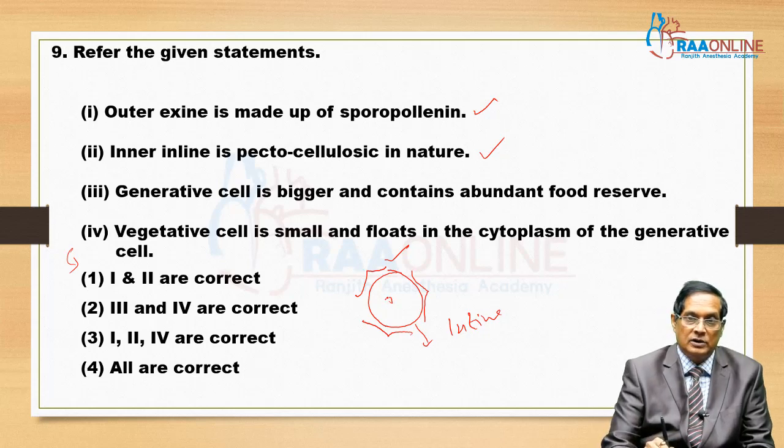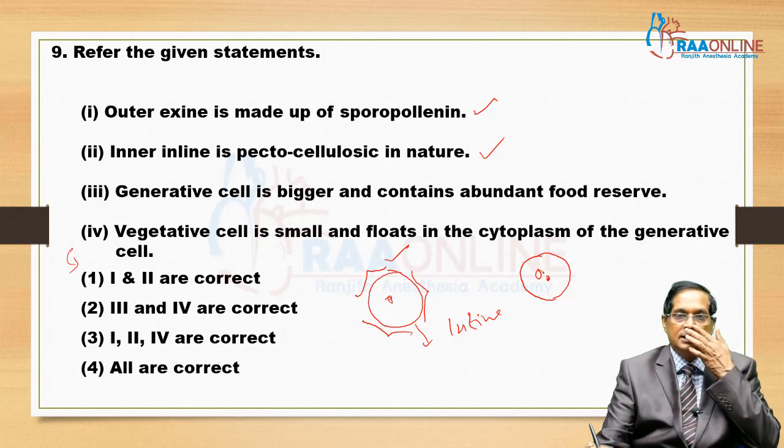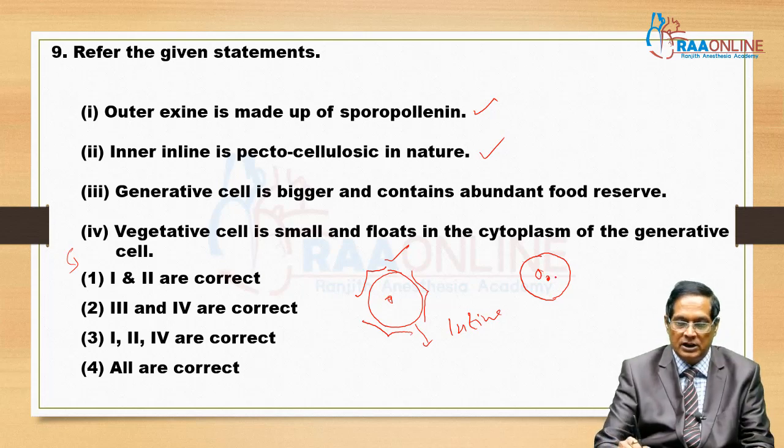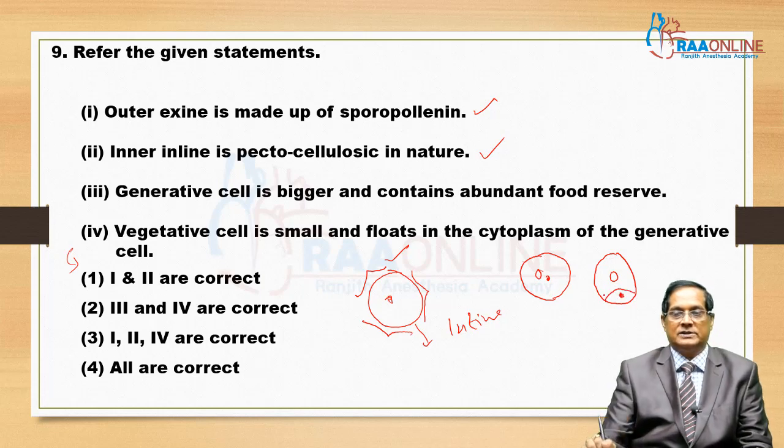And this is the nucleus of the microspore. When this microspore nucleus divides, it forms one large nucleus and another small nucleus. The larger nucleus is the vegetative nucleus and the smaller one is the generative nucleus. From these two nuclei, two cells are formed: a large vegetative cell and a small generative cell.